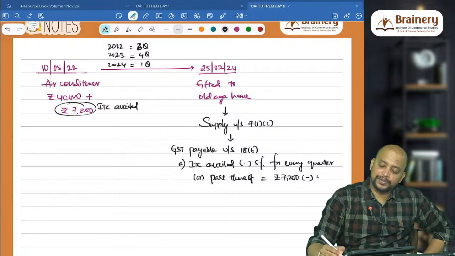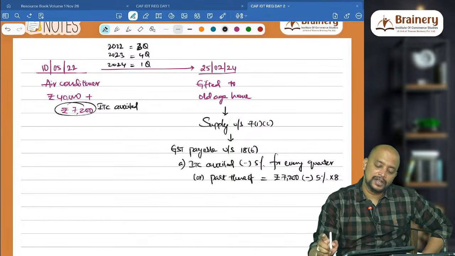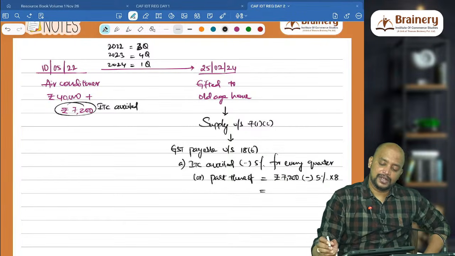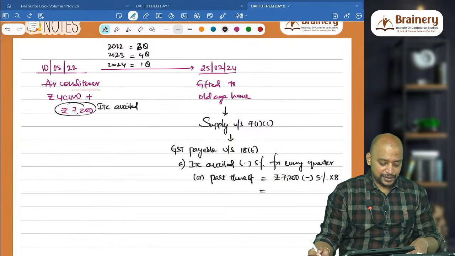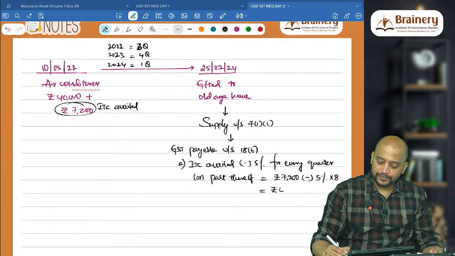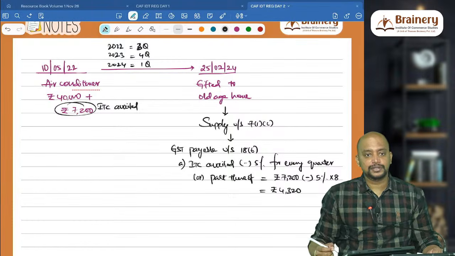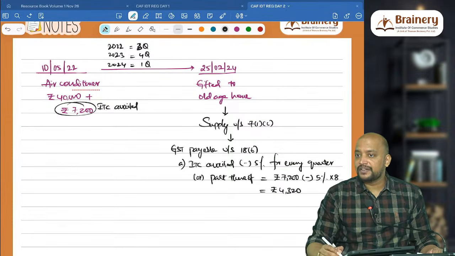So 5% into 8 quarters, 5% for every quarter or part thereof. So how much will it come to? 5 eights are 40. So 7,200 minus 40%, that is 4,320. You understood? 5% per quarter, 5 eights are 40.